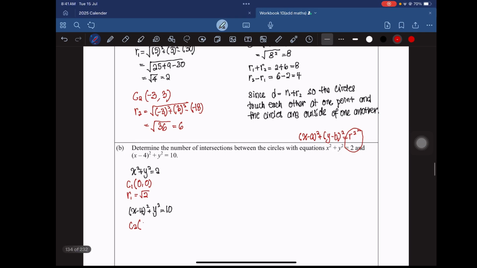C2 is 4, 0, and your R2 is equal to the square root of 10. It's the same idea, the formula there.